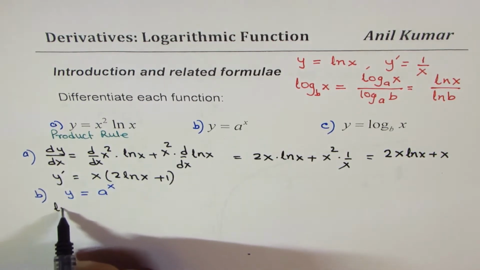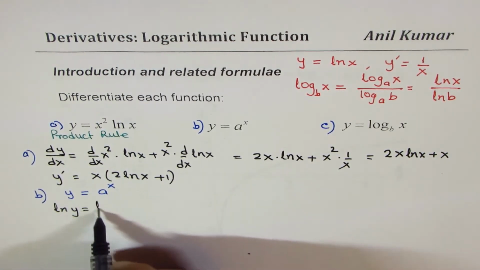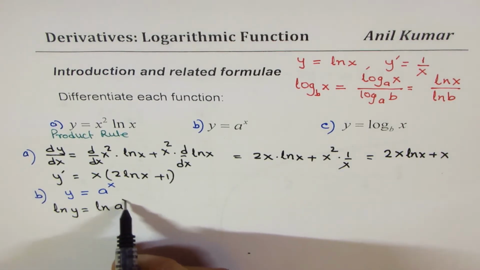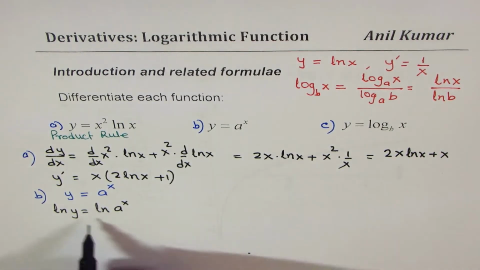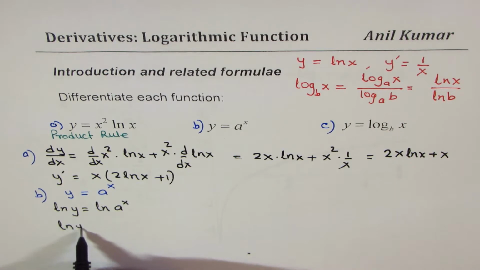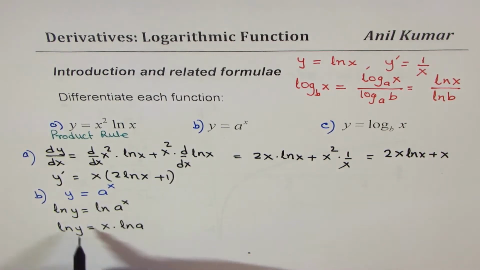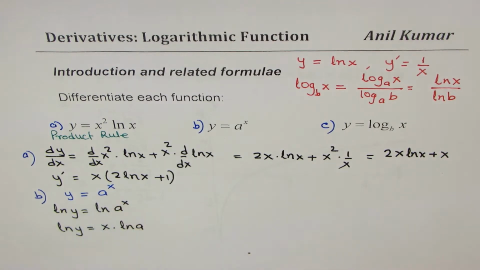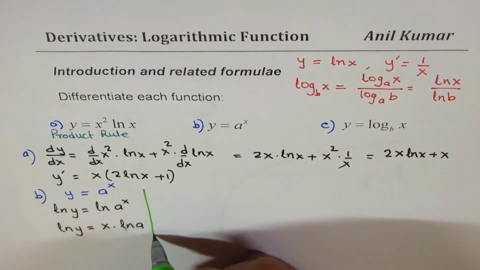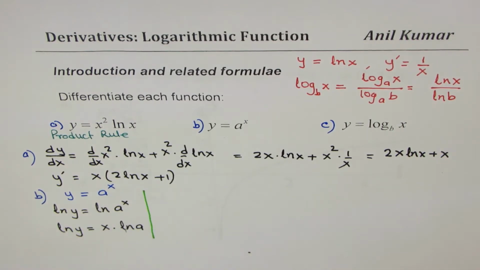So we can write this as ln y equals ln a to the power of x, which could be written as ln y equals x times ln a. Now a is a constant in this particular case.